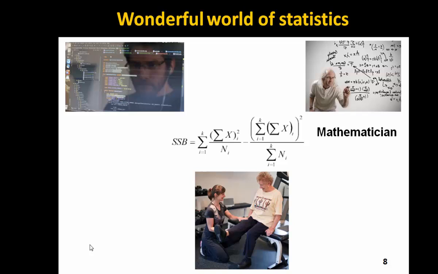Now, the mathematician will look at statistics here, will look at this equation and try to devise a proof to ensure that this equation is valid from a purely mathematical perspective.